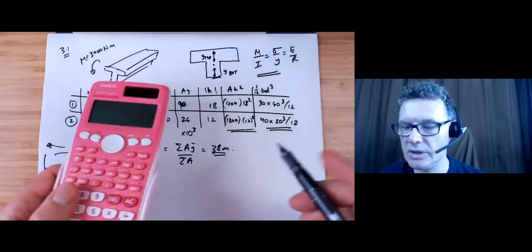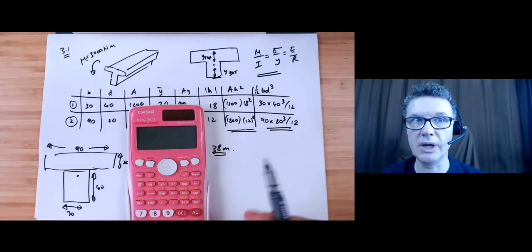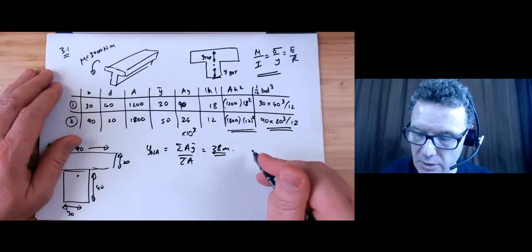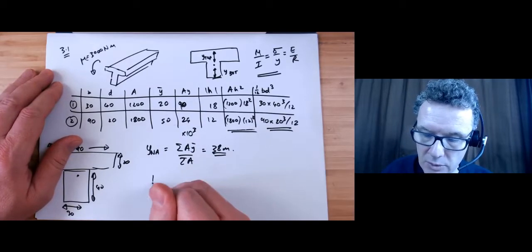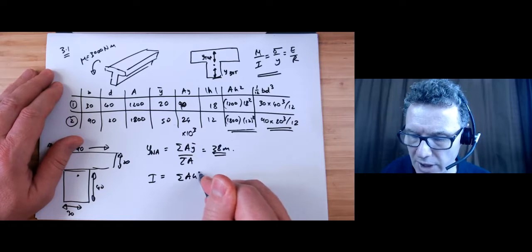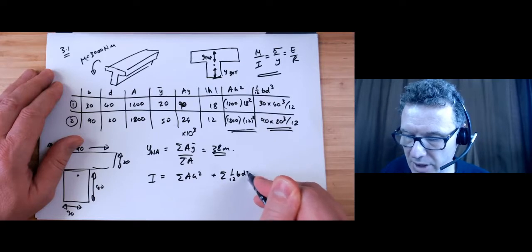Okay, so use your calculator and then plug in all this stuff here, if you wanted to. So then we will find what I is. So that's going to be the sum of all the AH's and all the 1/12 BD to the power 3's.